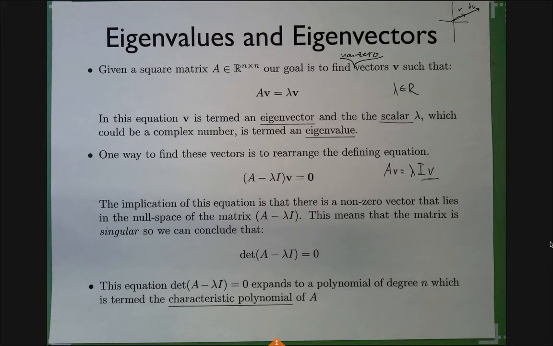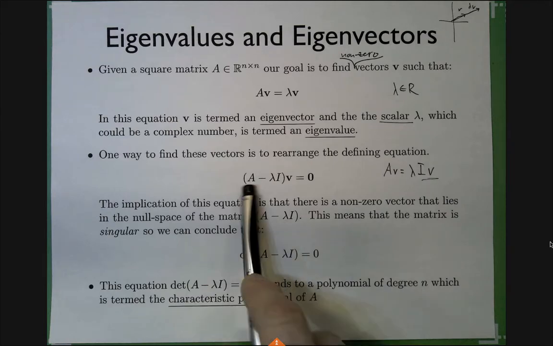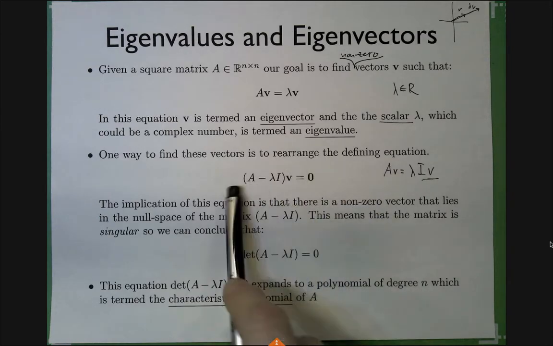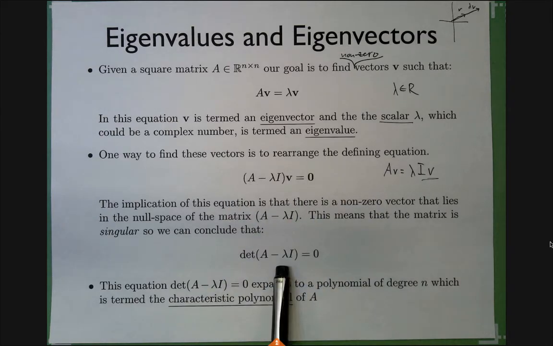Now what we just said about determinants, you can use the determinant to detect if it's singular or not, right? As we discussed on Monday, the determinant is 0 if and only if the matrix is singular. So for lambda to be an eigenvalue of matrix A, it must be true that the determinant of A minus lambda identity is 0.